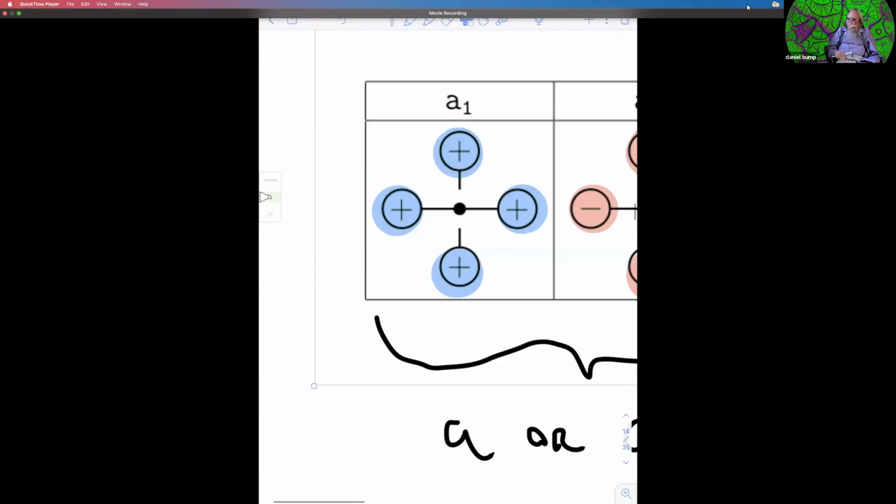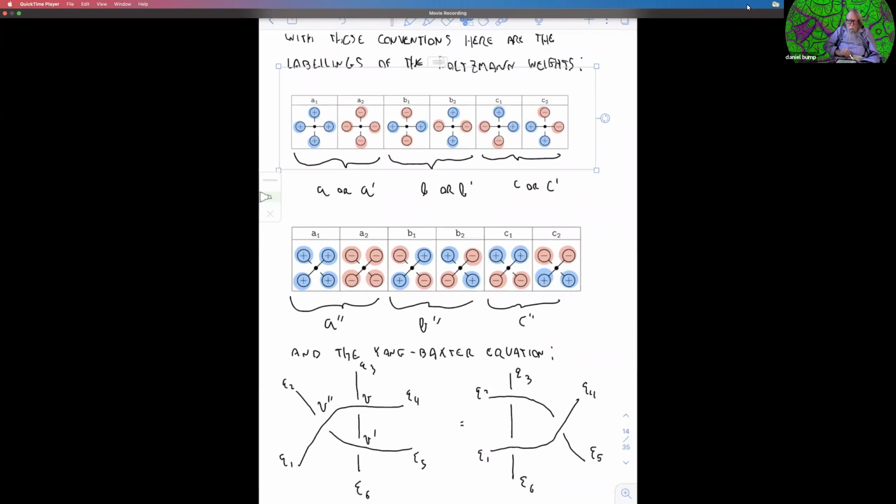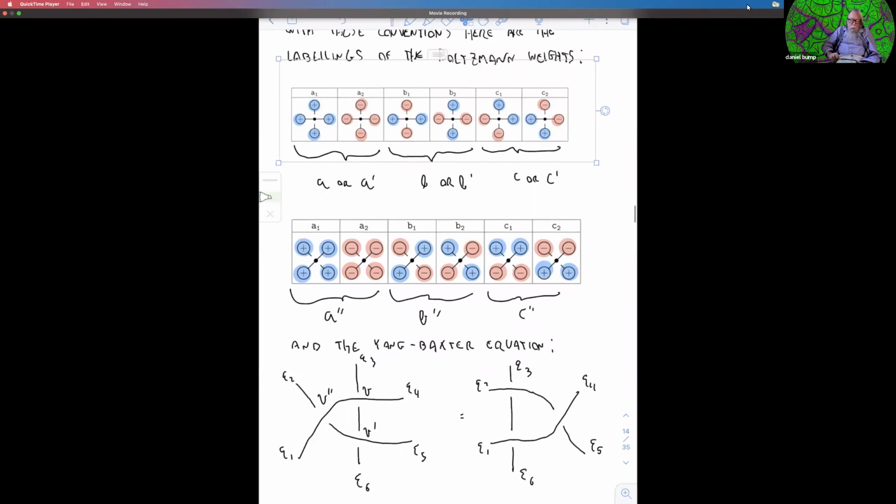And now the picture looks like this, and you can actually see that this is starting to look like a braid. These two pictures are actually equivalent in the braid group, so that I can move these strands around, and this identity is true. So that's a possible way of remembering the Yang-Baxter equation.